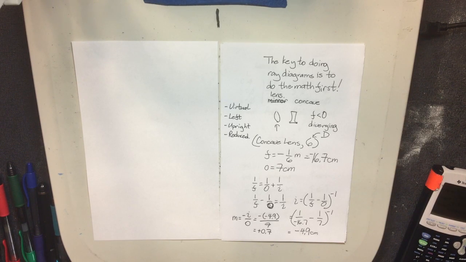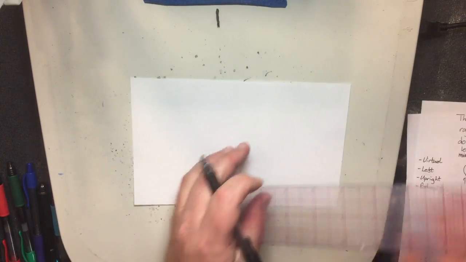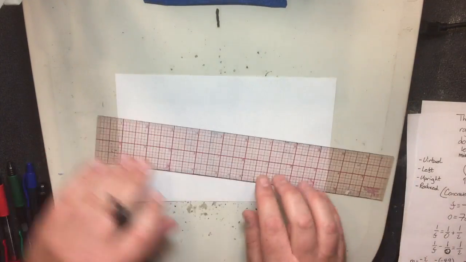All right. So I have all the information that I need, and hopefully you've written this down because I'm about to go into drawing mode. The lens is concave, focal point is to the left, object is to the left, image is to the left, so I can write this so that the lens is off on the right-hand side.